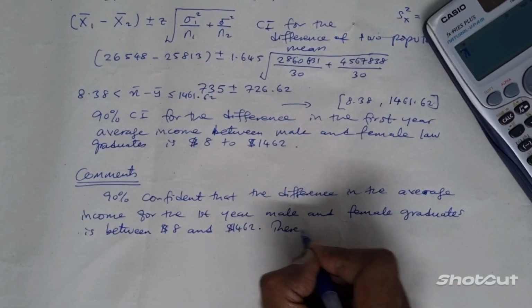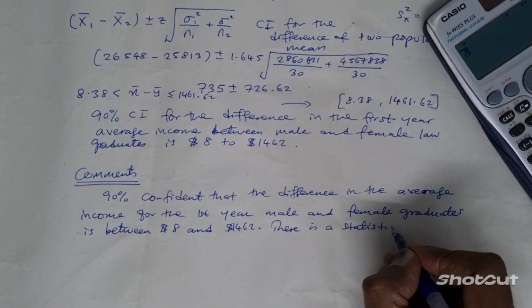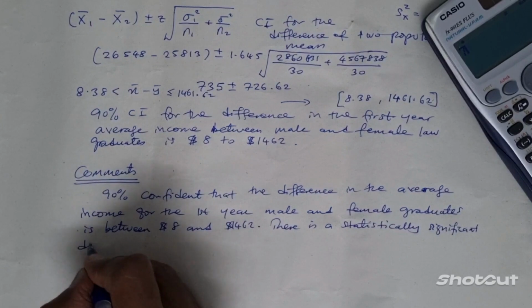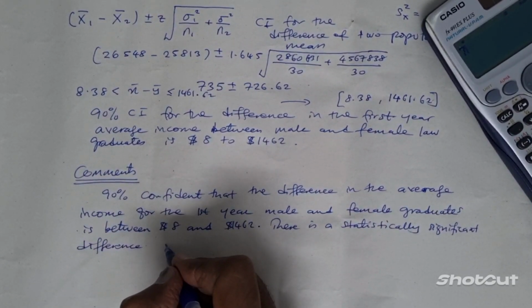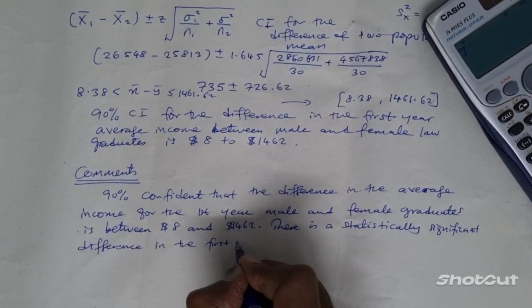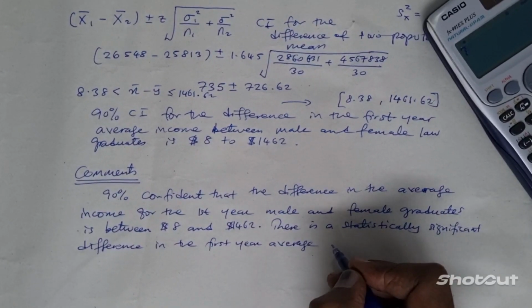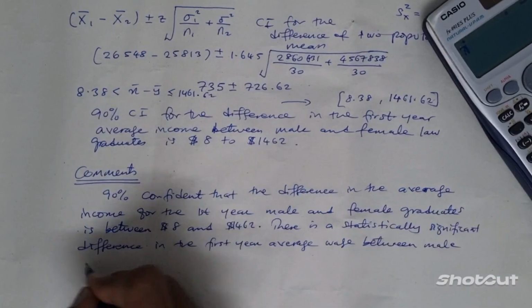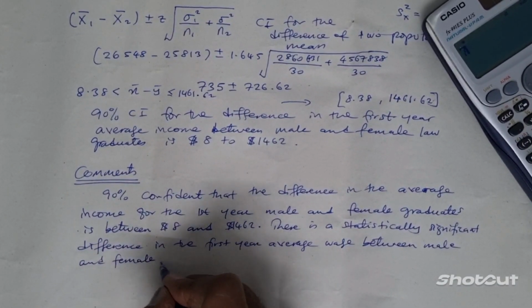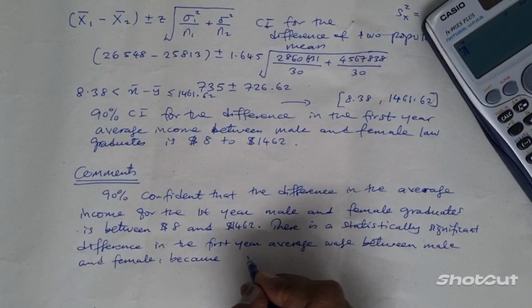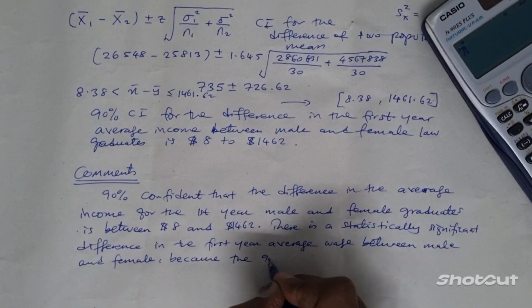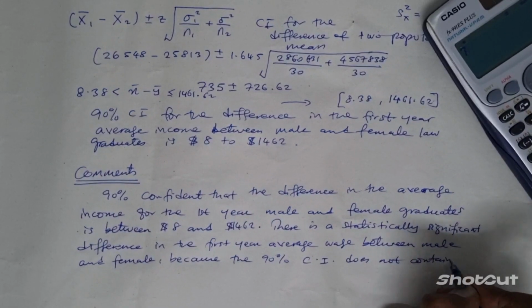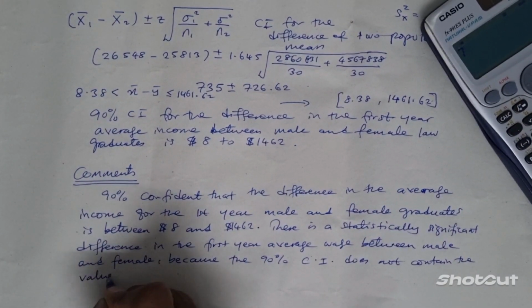You can say there is a statistically significant difference in the first year average wage between male and female, because the 90% confidence interval does not contain the value 0.